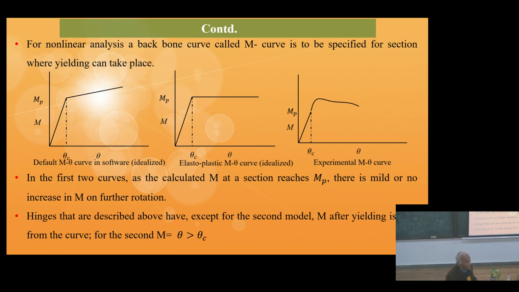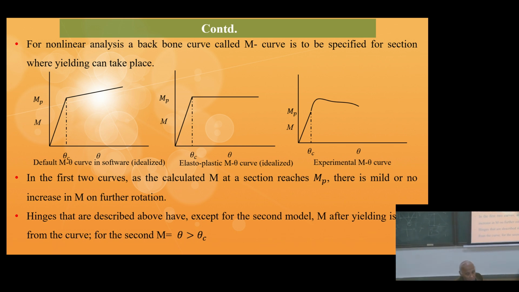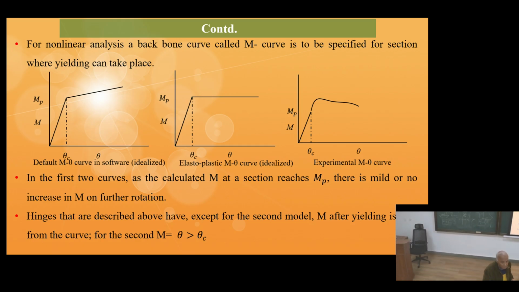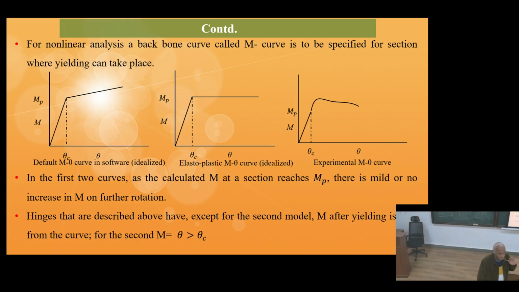It checks at every cross section whether MP has been reached or not, and once MP has been reached, it says that yielding has taken place and this particular section will now behave in a particular fashion. There are a few possibilities for that.